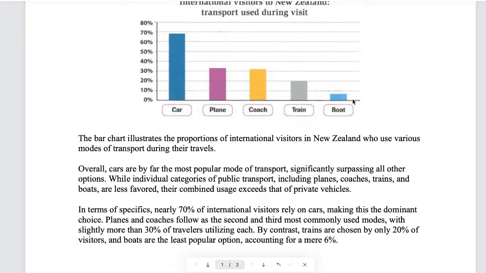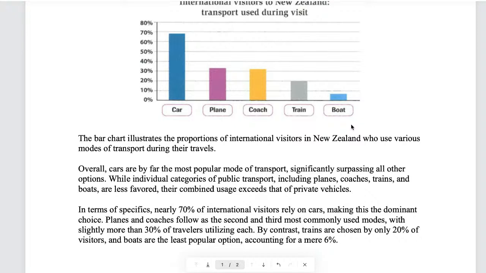Now, so when we compare each type of transport like that, cars is the most popular mode of transport, right? Now let's compare between public transport and private transport. Which one is higher? Public transport, right? We know that public transport includes planes, coaches, trains, and boats. Actually, boats really depends. Sometimes we call them public transport, sometimes some kind of private transport.